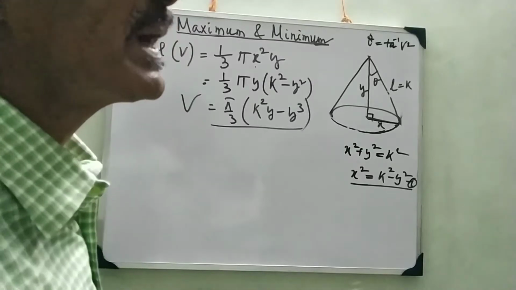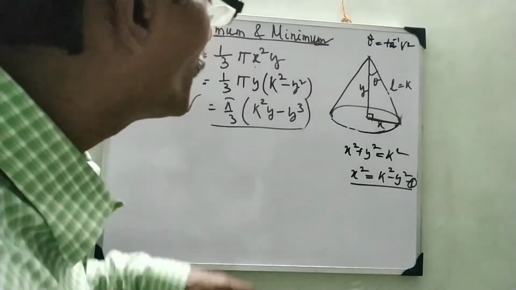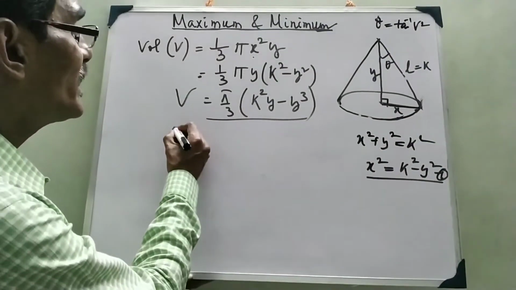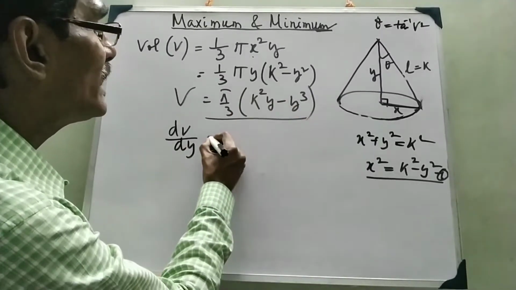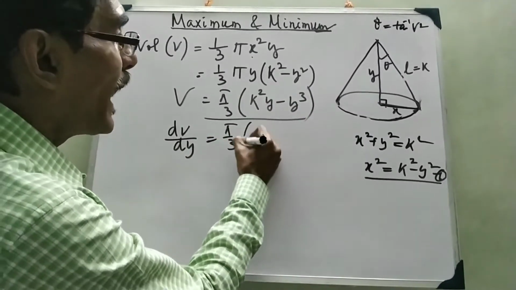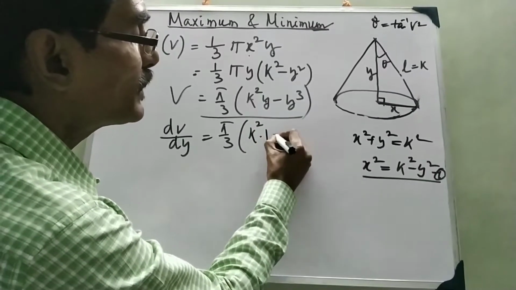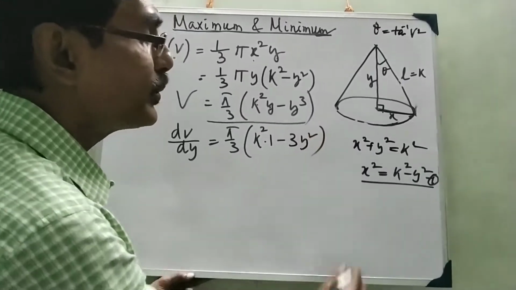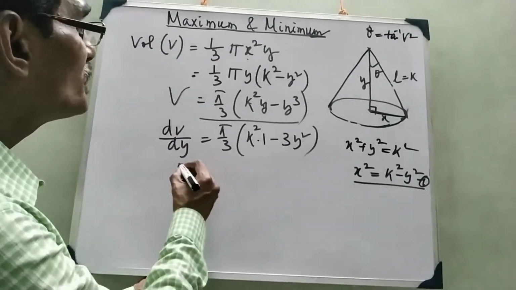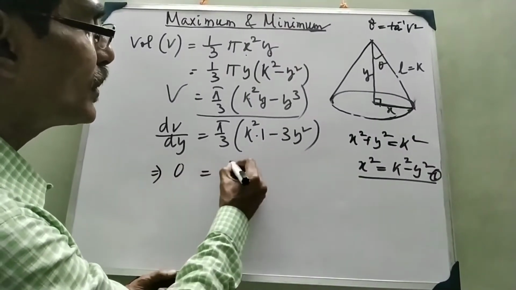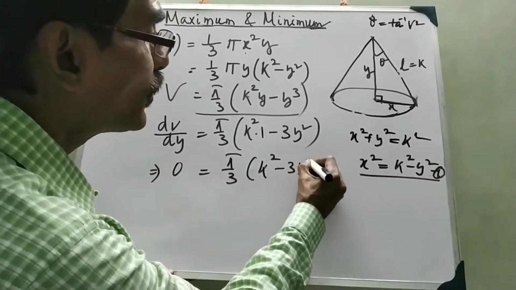After that, to get the maximum and minimum value, I discussed the method last day. First we go for the first order derivative. The first order derivative dV/dy is pi by 3, with k square as coefficient of y, whose derivative is 1, minus 3y square. For the critical values, dV/dy must be 0. So we get pi by 3 into k square minus 3y square equals 0.